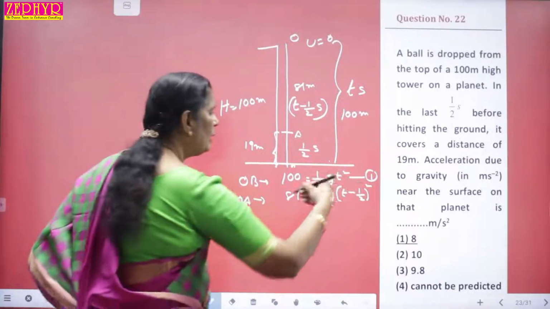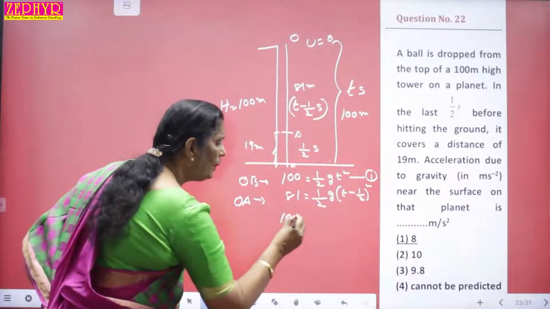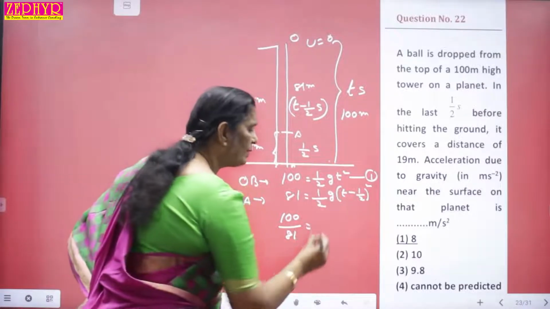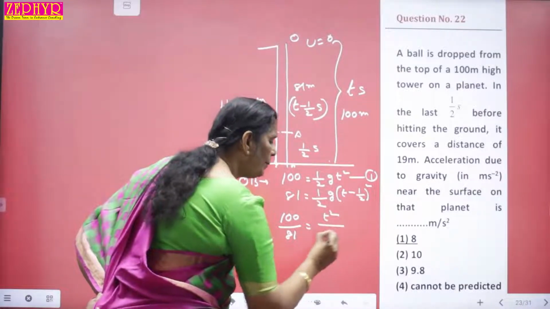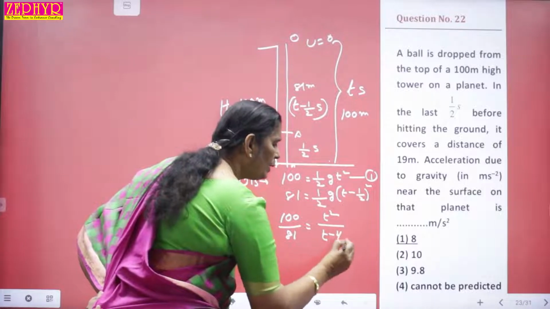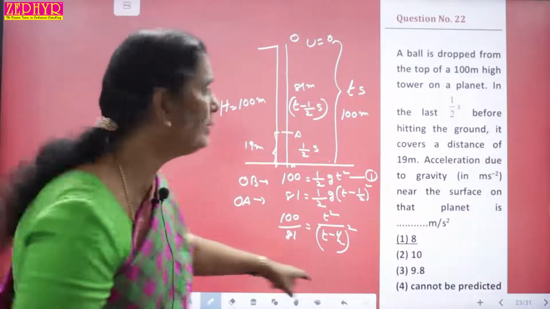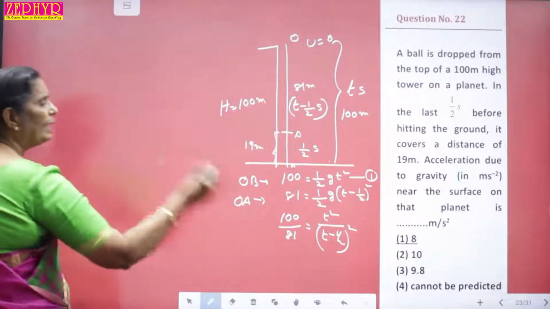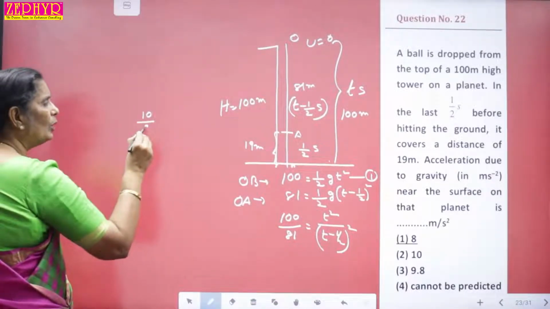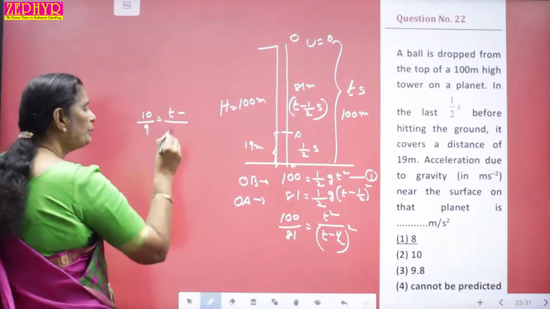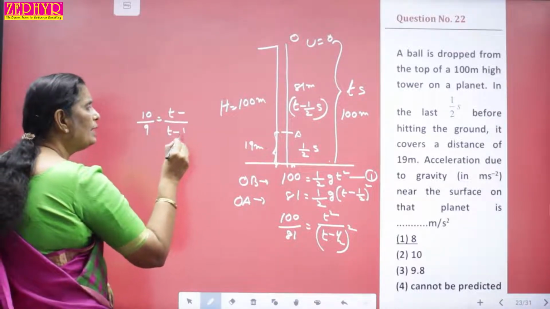So now divide both the equations. 100 by 81 is equal to G by 2 gets cancelled, T square by T minus 1 by 2 the whole square. All are perfect squares. Take the root. When you take the root, we will get 10 by 9 is equal to T by T minus 1 by 2.